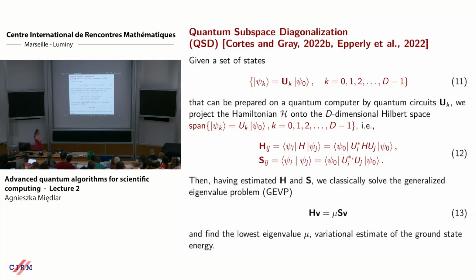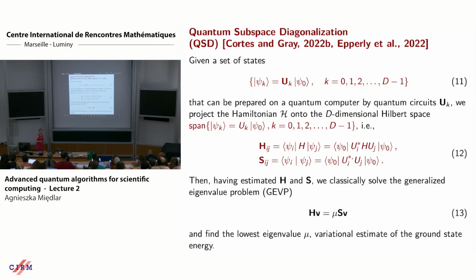So I will need an initial state and the ability to apply a unitary operator to it to define some additional states. And in particular, I will need d of those states. So in other words, I will have to be able to prepare states phi 1 to phi d.